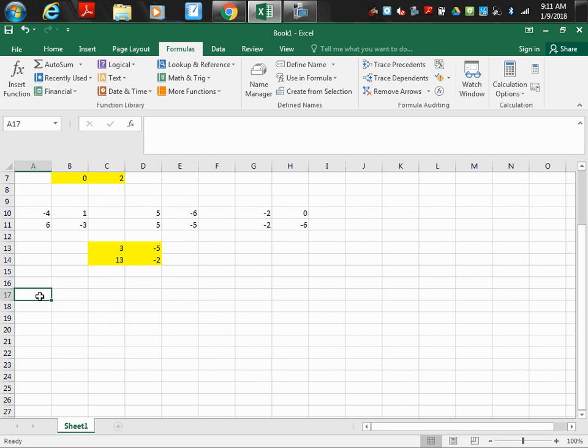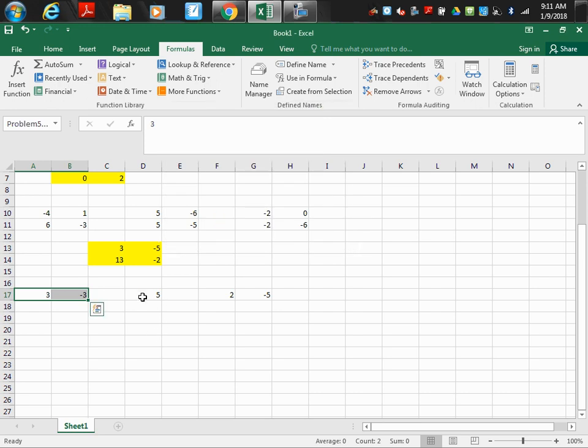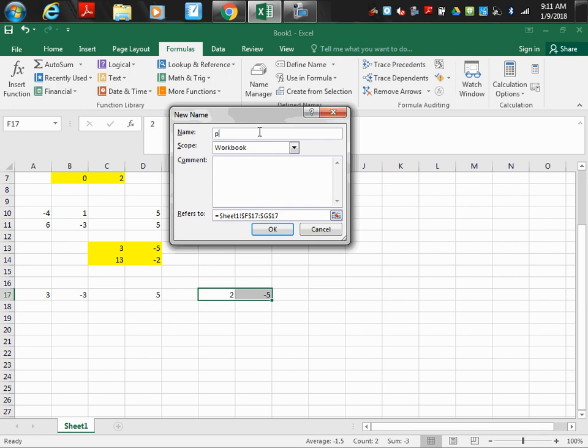All right. So how would we put problem number 5 in the computer? 3, negative 3, 5, 2, negative 5. Formula, define name. That one can stay the same. Define name.